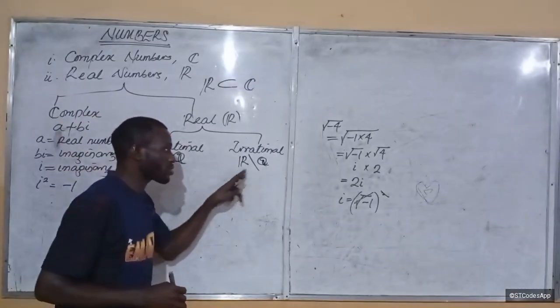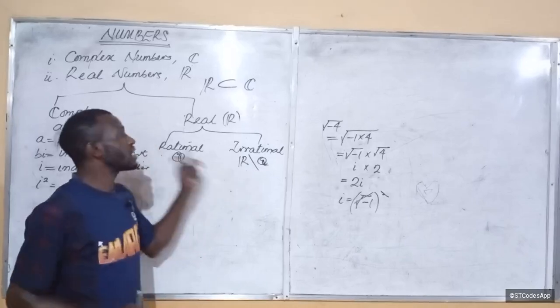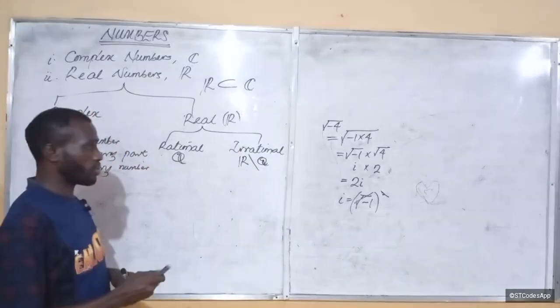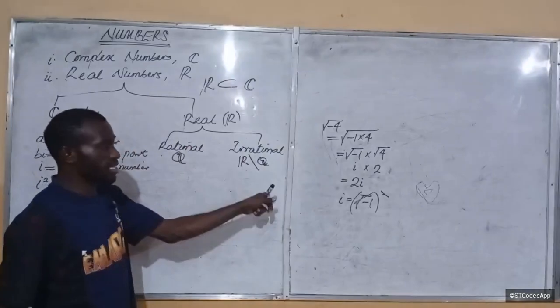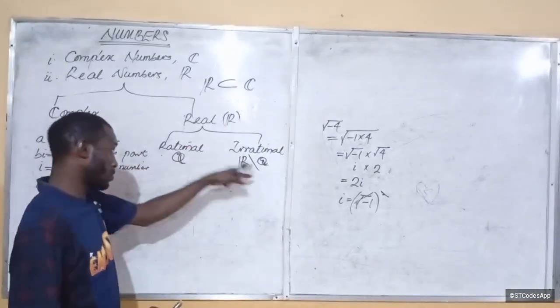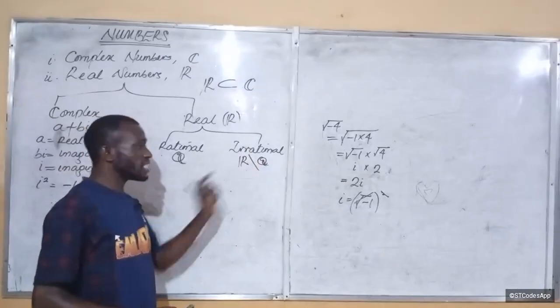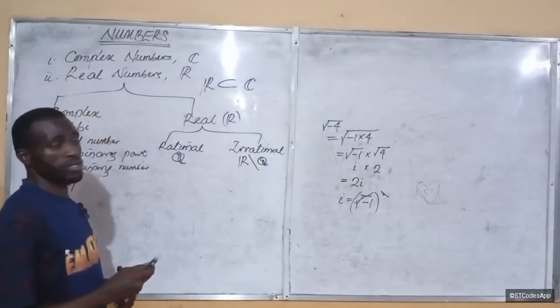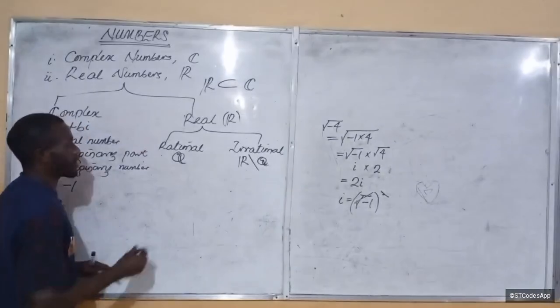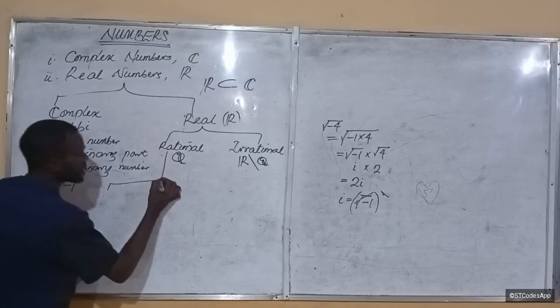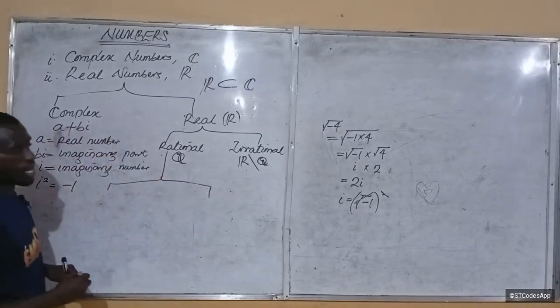When you subtract rational numbers from real numbers, you get your irrational numbers. This sign means minus, okay? I remove all of the rational numbers from real numbers, then the remaining will be irrational numbers.